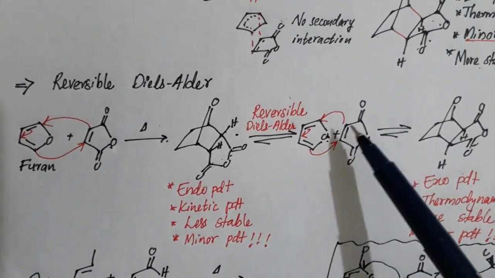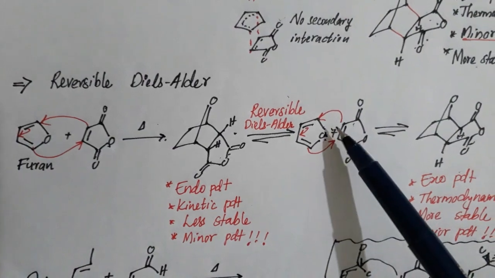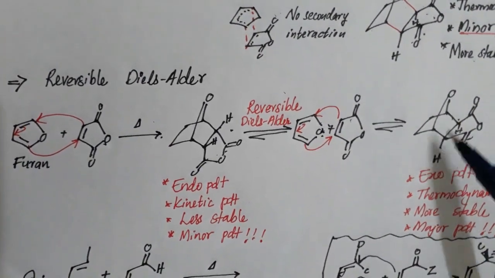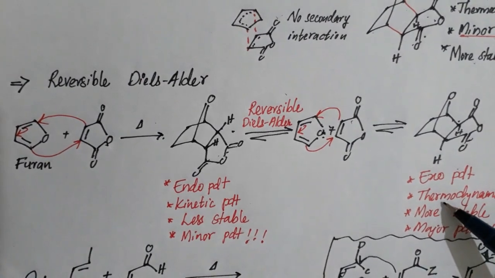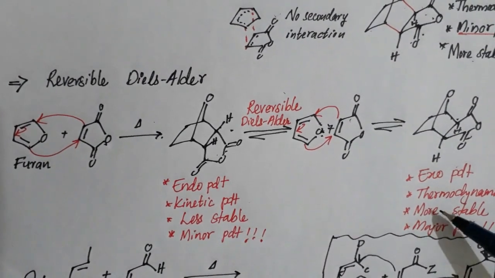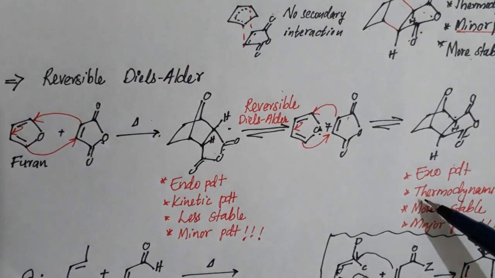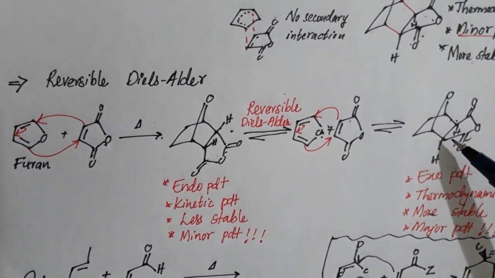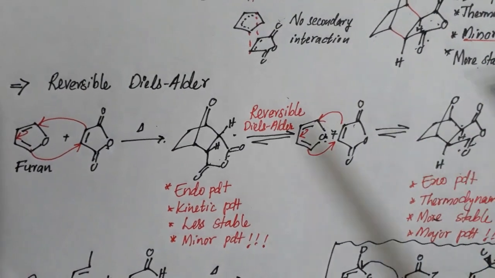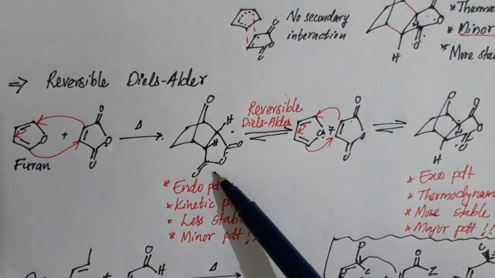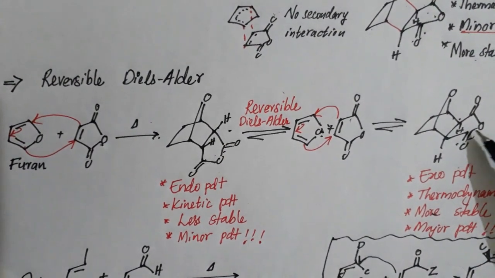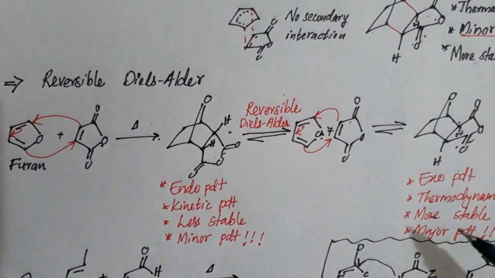Again this starting material undergoes Diels Alder reaction and you will end up with the exo product. This exo product is the thermodynamically controlled product and it is more stable. Since we know that the exo product is more stable than the Endo product, in a reversible Diels Alder reaction the exo product is the major product.